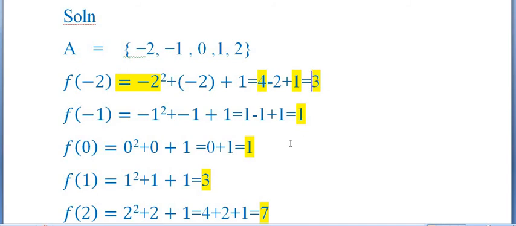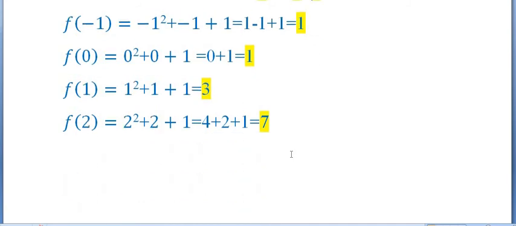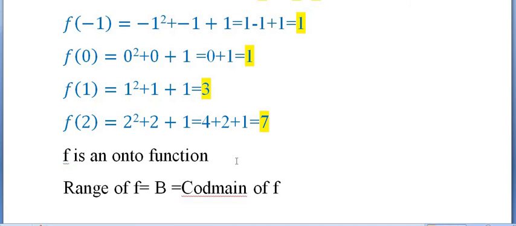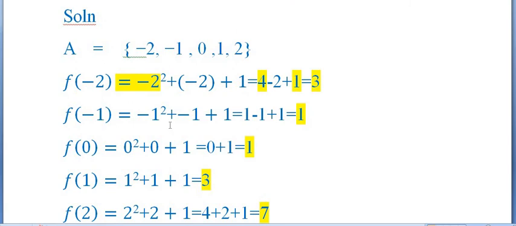So these are the elements of B. So all the elements in B have the pre-image of A. So the range of F equals B, the codomain of F. Because already we know in set A, the elements we have are called the domain. In set B, the elements we have are called the codomain.